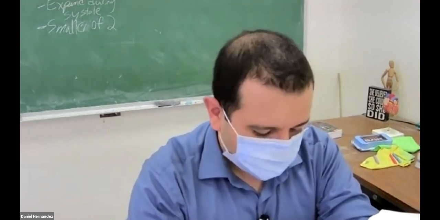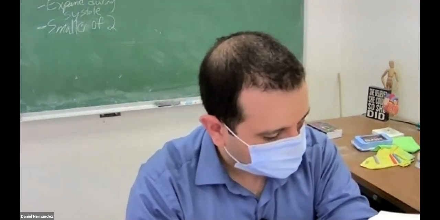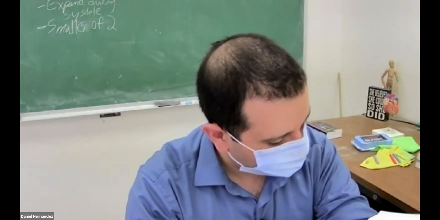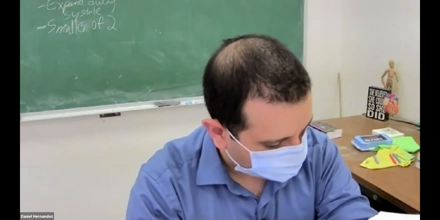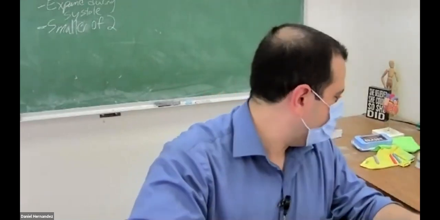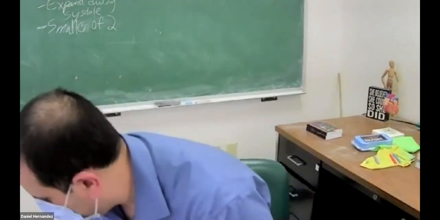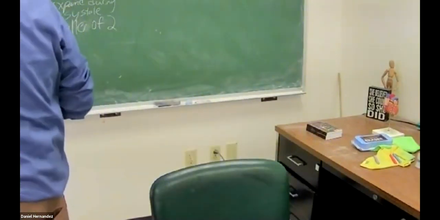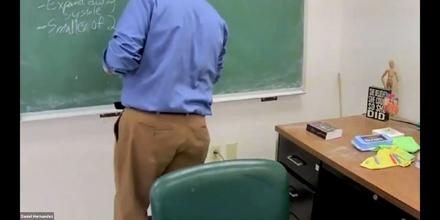We can go over the pulmonary vein waveform, with S, D, and A waves. The A wave was actually below the baseline, and that was the atrial kick. So when the atria contract.